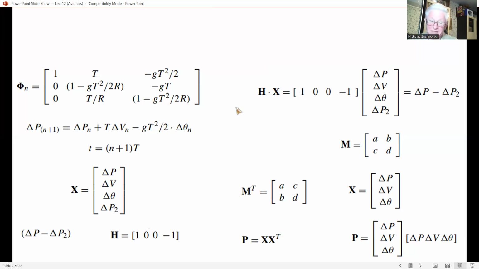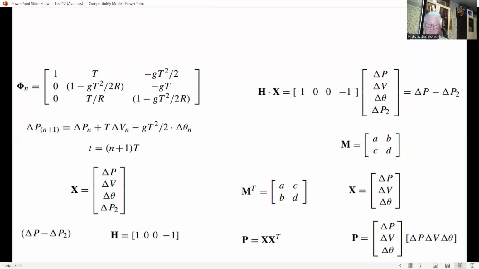The covariance matrix of the estimation error is formed by multiplying the error state vector by its transpose. The transpose of a matrix means interchanging the rows and columns of the matrix. Okay?